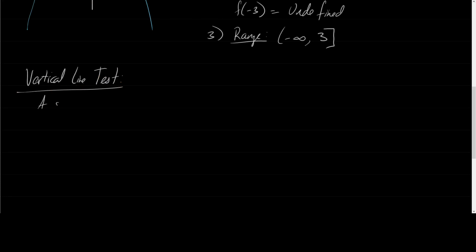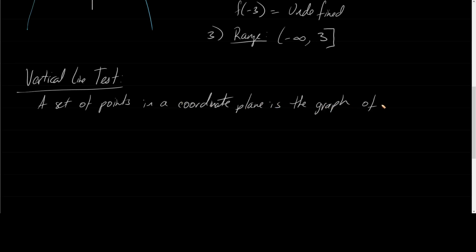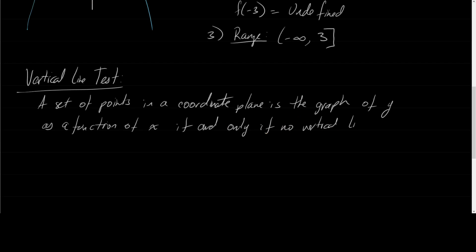A set of points in a coordinate plane is the graph of y as a function of x if and only if no vertical line intersects the graph at more than one point.